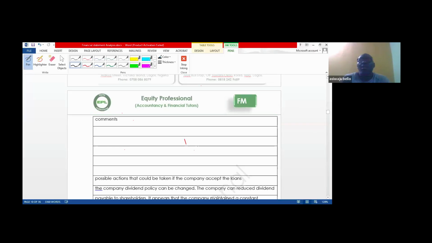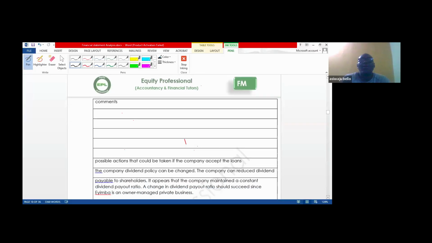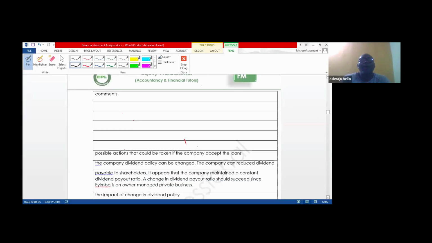All right. Look at the comments here. Possible actions that could be taken if the company accepts the loan. The company dividend policy can be changed. The company can reduce dividend payable to shareholders. It appears that the company maintained a constant dividend payout ratio.